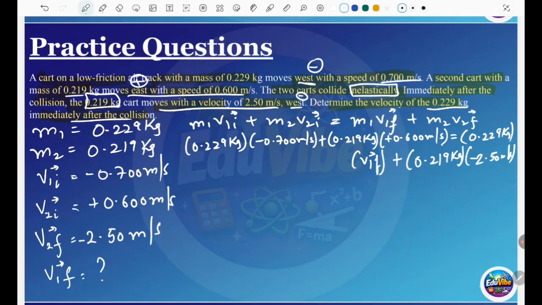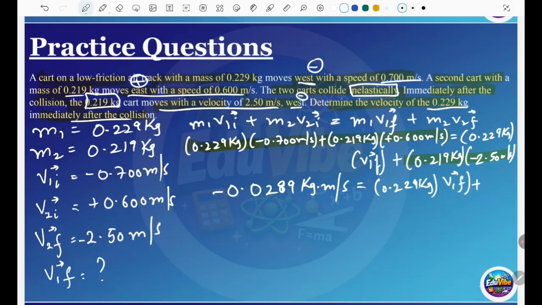So for this one, you just solve the left-hand side first. By solving this, for the first one you get about 0.0289 kg meter per second, is equal to 0.229 kg times V1F, plus minus, and negative of 0.0547 kg meter per second.